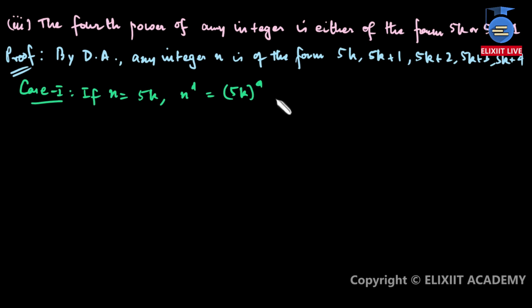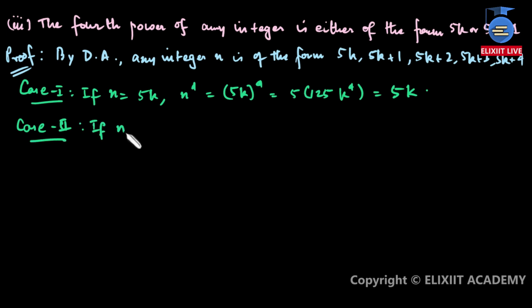You can take out one 5 common and write this as 5 into 125 k to the power 4. In this manner you can write, which is of the form 5k only, where obviously k belongs to the integers, so it's of the form 5k.